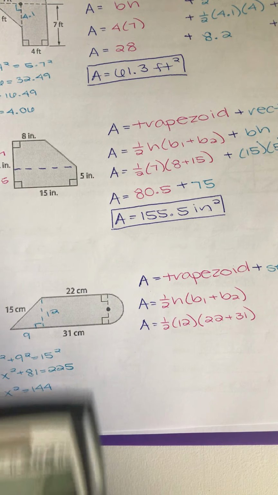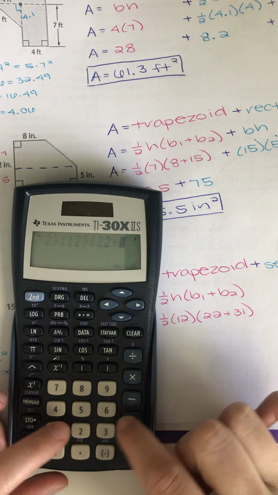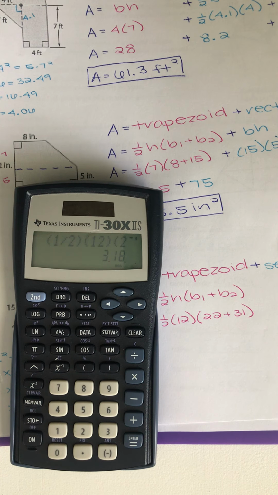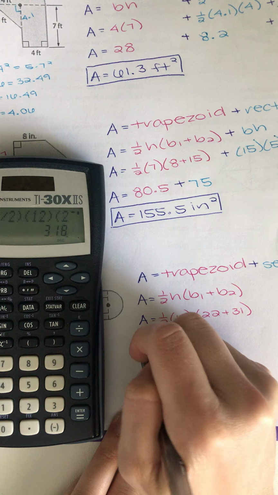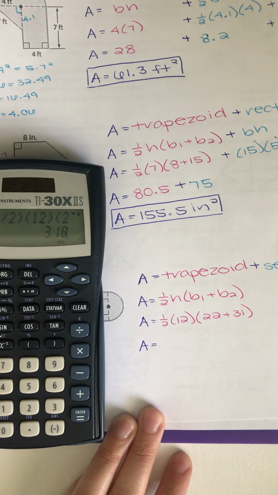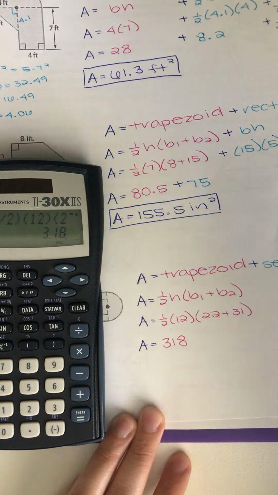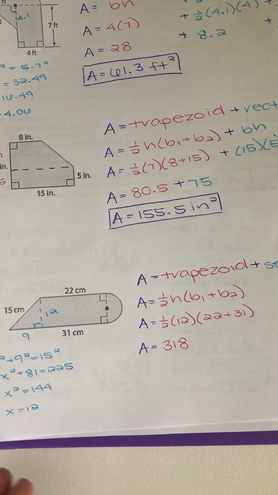I'm going to plug that into the calculator. 1/2 12, 22 plus 31, and I get 318. So now I just have to finish with the semicircle.